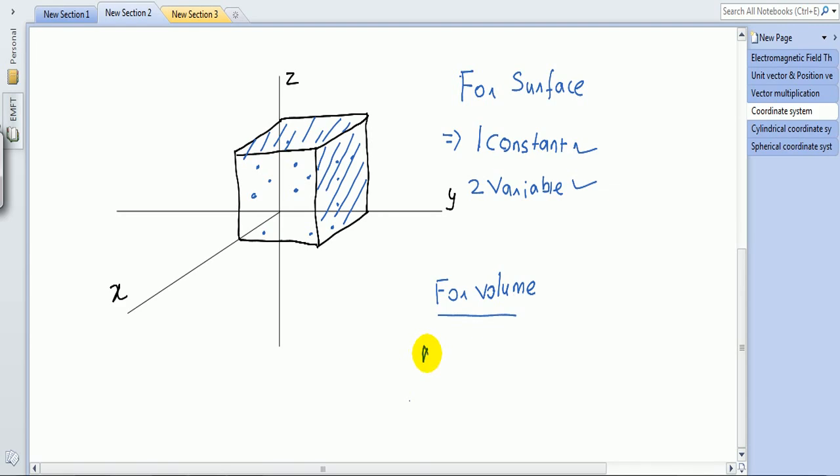So all three are variable. All the three parameters are variable, and this is applicable for all the coordinate systems. All three parameters are variable for a volume.